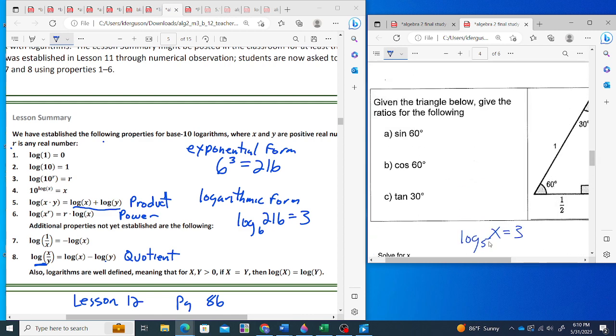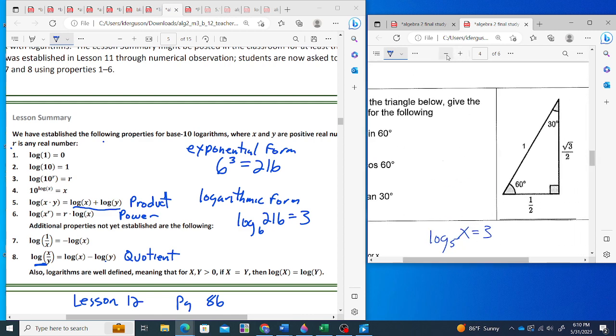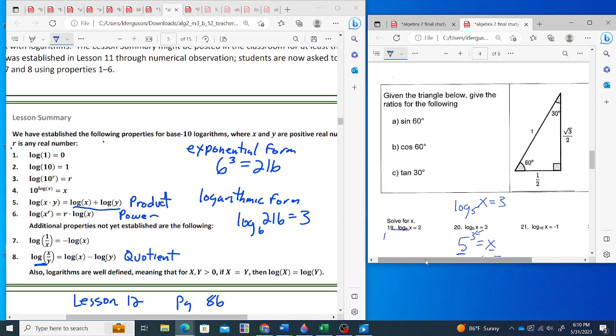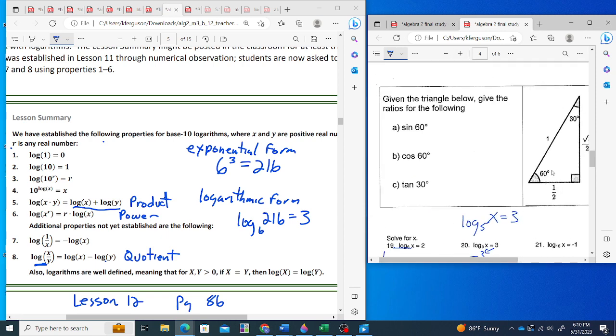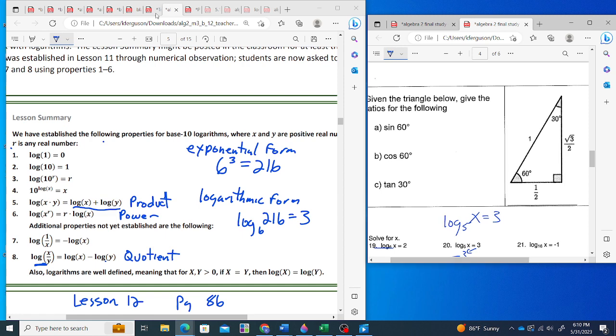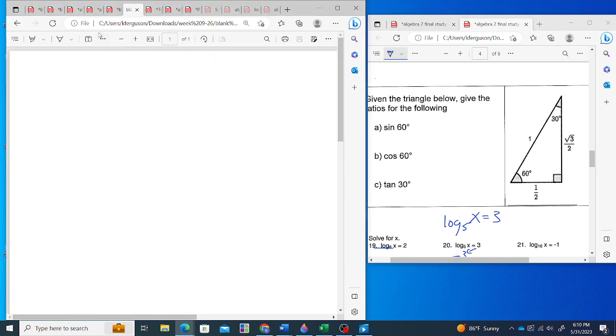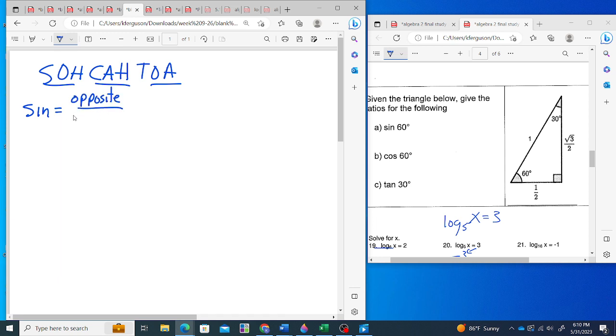So now let's look at this right here. Now we're going to talk about SOHCAHTOA. So what is that? Well, that is a little acronym that we use to say sine equals opposite side over hypotenuse.